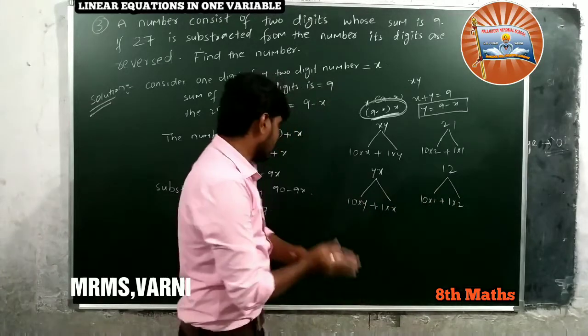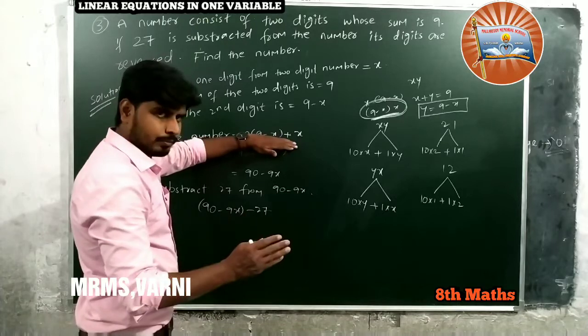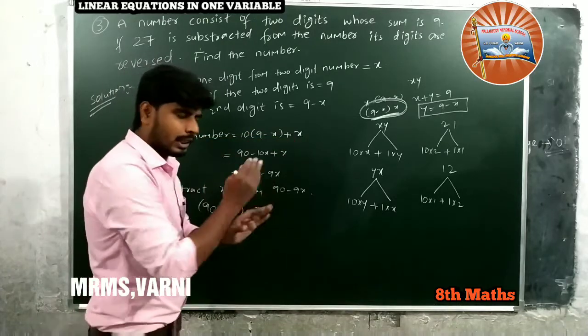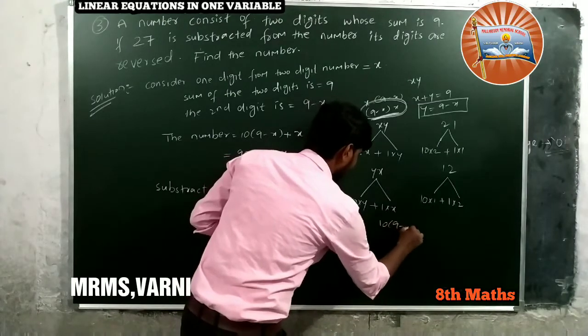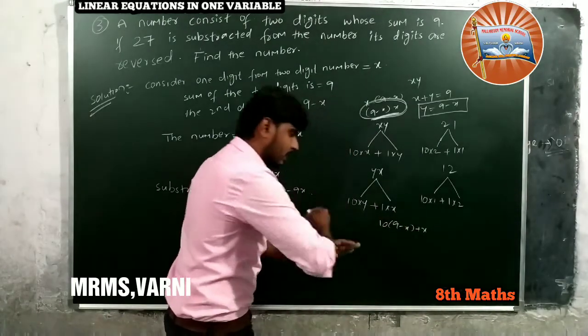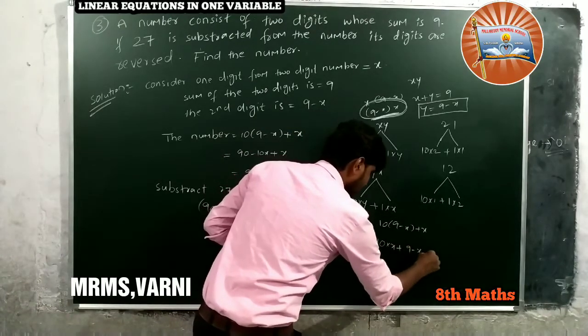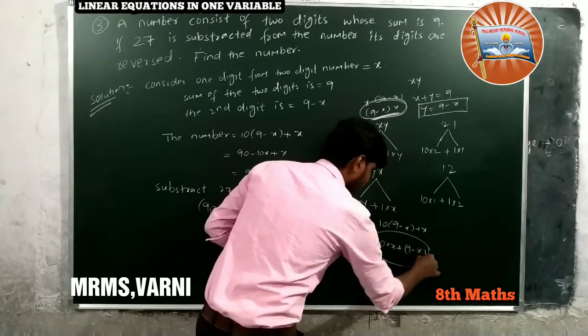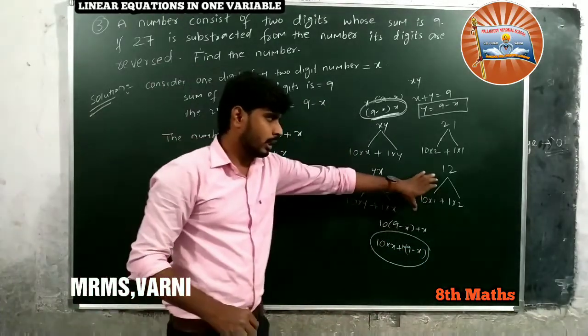Similarly, apply the same concept here. 10 into 9 minus x plus x is the number. If I reverse that number, what becomes? It becomes 10 into x plus 1 into 9 minus x, by using this concept.